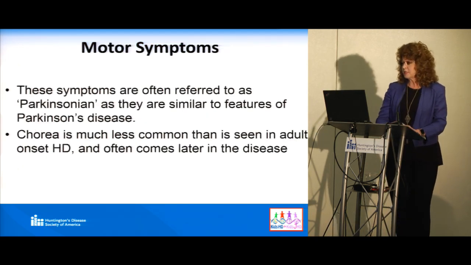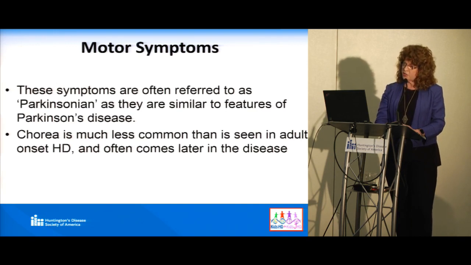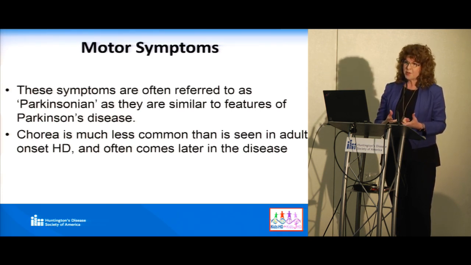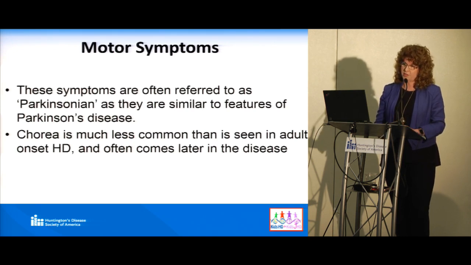The thing that's different is that for JHD, a lot of the symptoms are referred to as Parkinsonian, right? If you've heard that term before, masked facies, tremor, stiffness, slowness, those are the motor symptoms that are typical for persons with JHD. They're atypical for people with adult onset HD.